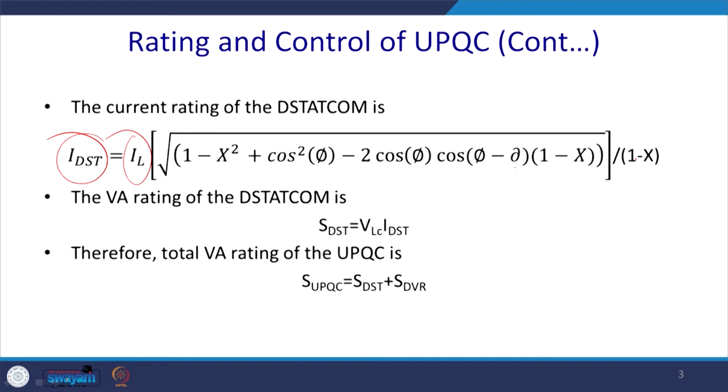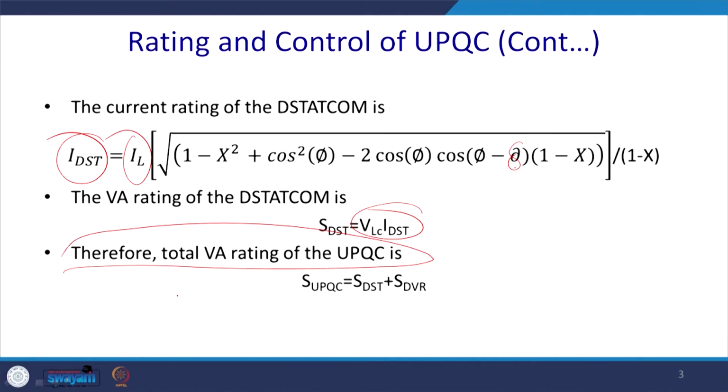There are a few new terms and it will be delta. The VA rating of the DStatCom is the compensated load voltage VLC into IDST. Therefore, the total VA rating of the UPQC will be the summation of this SDVR and SDST. Both have to be added up, and this will be the total kilovolt or megawatt ampere level of this UPQC.